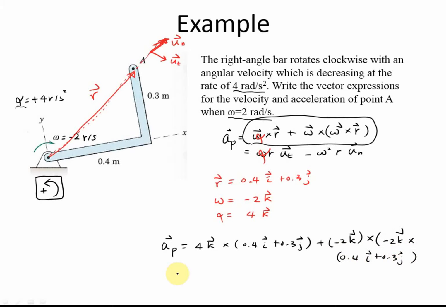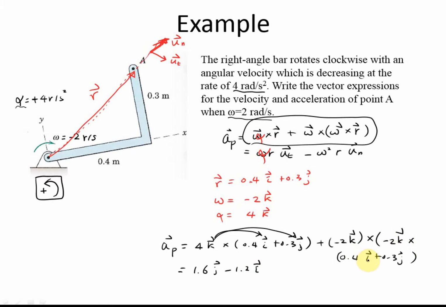Then let's look at this one, k cross product i. k cross i becomes j, and k cross j is negative i, right? So that's 1.2 negative i. And how about this one?